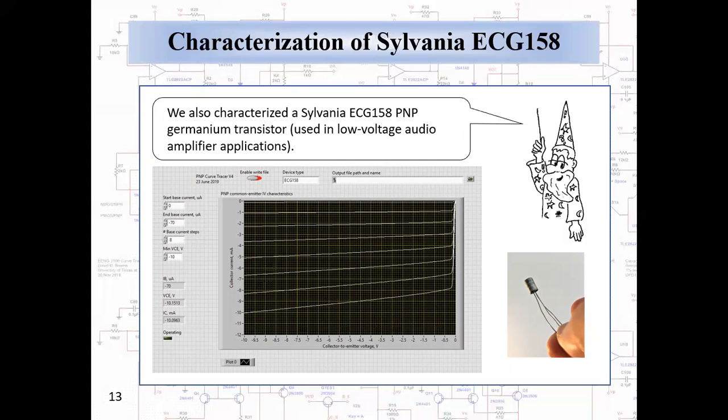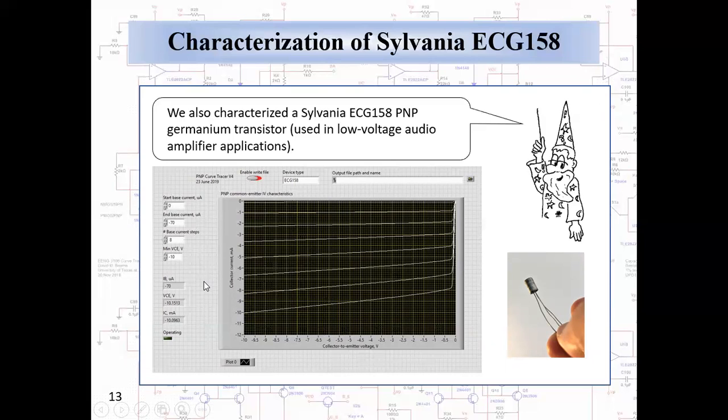So we also characterized another early transistor. This was a Sylvania ECG158 PNP germanium transistor. It was used in low voltage audio amplifier applications, typically battery operated. The characteristic curves that you see plotted here with this LabVIEW VI are from a DC collector to emitter voltage from 0 to -10 volts for base currents ranging from 0 to -70 microamps in increments of -10 microamperes.